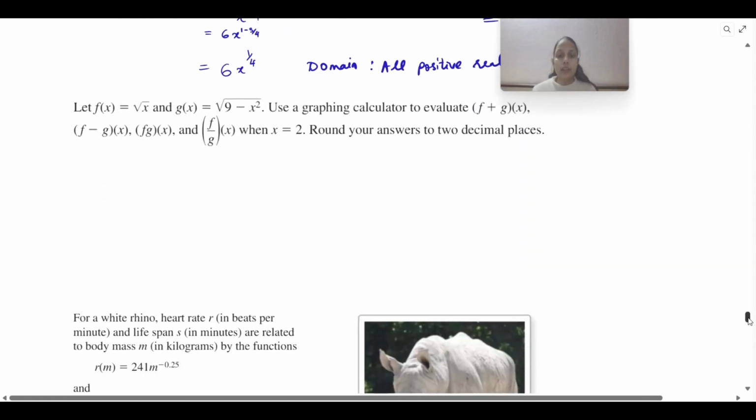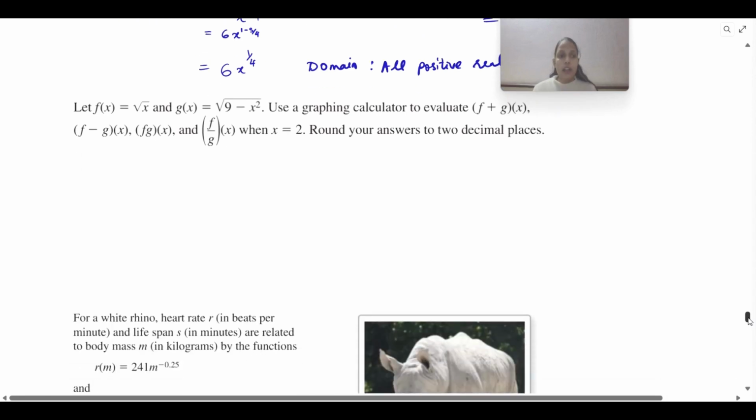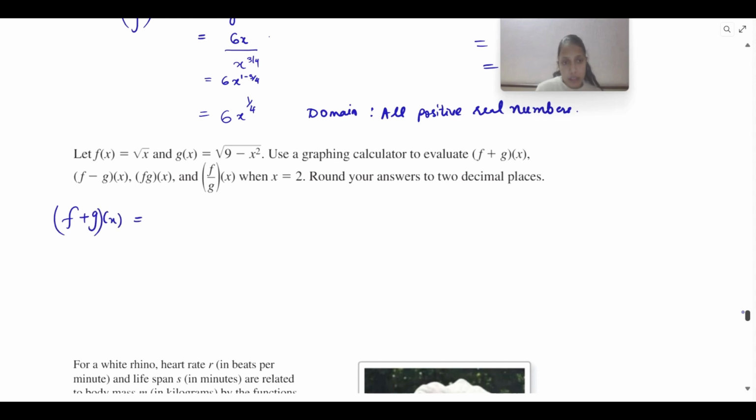Next. Okay, this question is different. fx is given, gx is given. Use a graphing calculator to evaluate this when x is 2. Round your answer to 2 decimal places. Let's see. If I directly calculate f plus g at x, fx is root x, gx is square root of 9 minus x square.